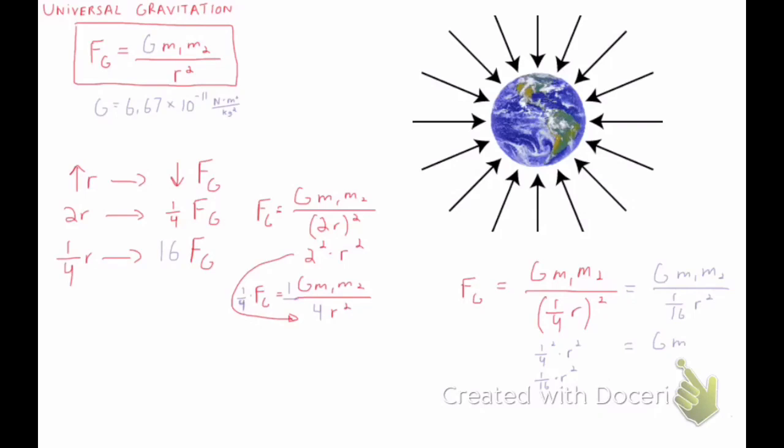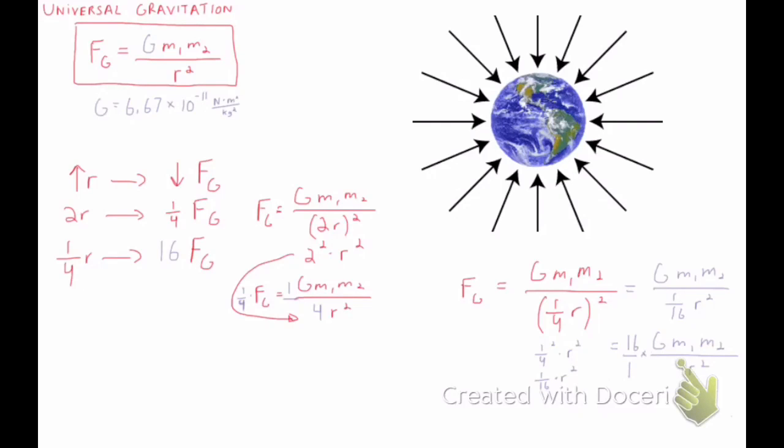G over M1, M2 over r, and because we had that fraction in the denominator, it now becomes in the numerator. And there's multiplication between them. There's the equals, and it's like saying 16 over 1 times that.